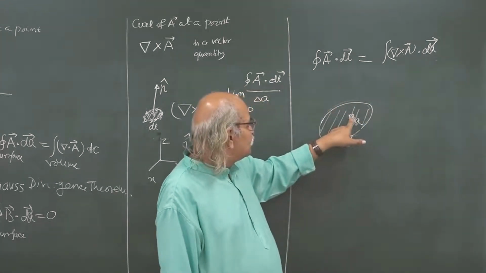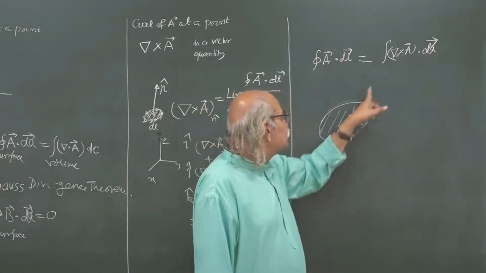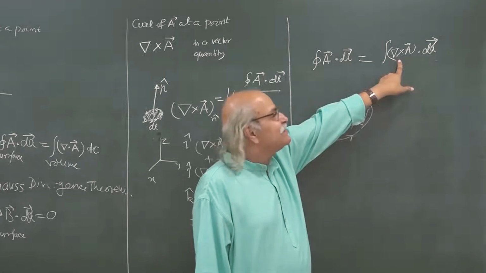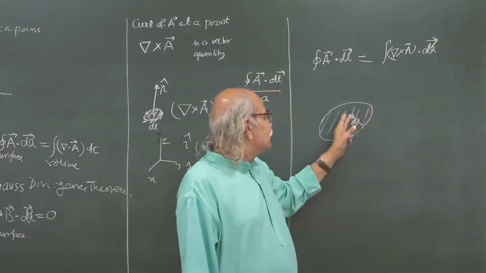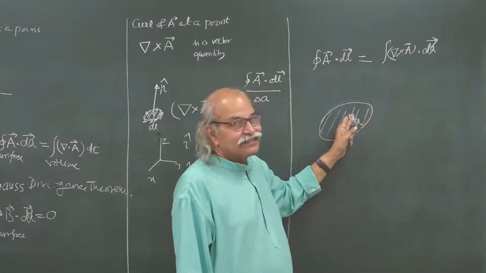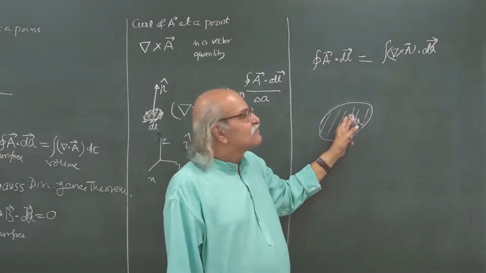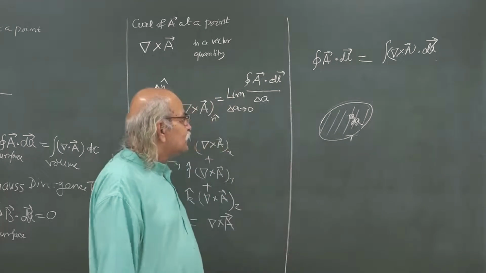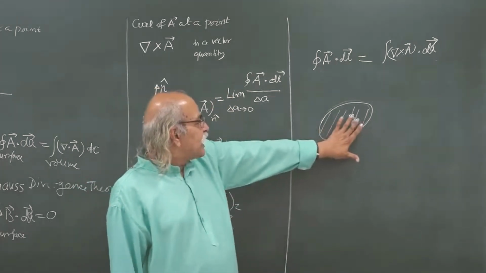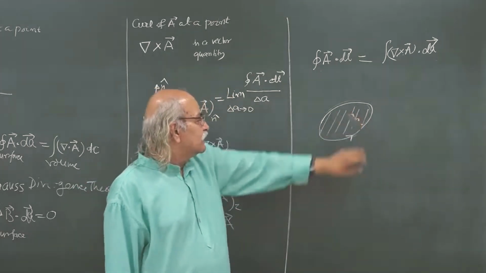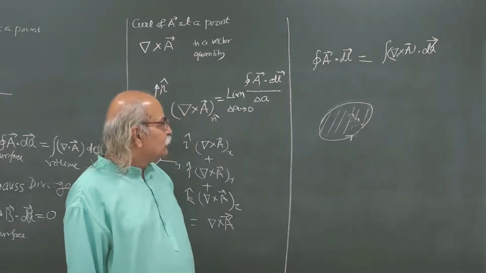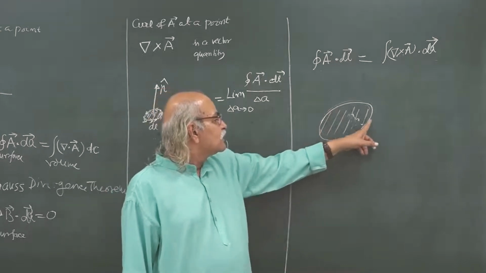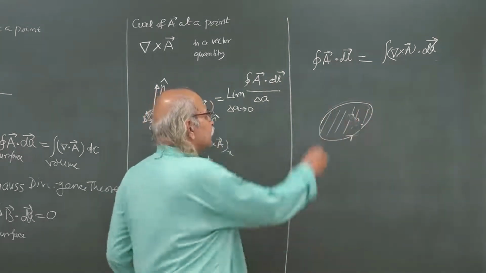At the point where you have taken that dA, at that point only you take curl of A, and then take the dot product between curl of A and dA, both are vector quantities. So, this is this side, and what is the other side? You do not have to look at what is happening in the interior area. You only look at the loop itself, the boundary itself, and A dot dl.